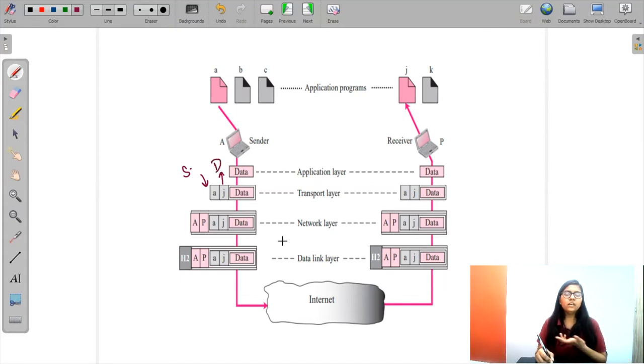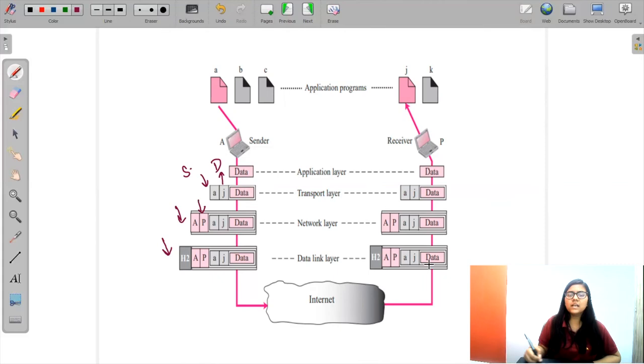Then, as we discussed, at the network layer we add the sender and receiver IP addresses. And at the data link layer, the hop addresses or link addresses of the sender and receiver links are added.